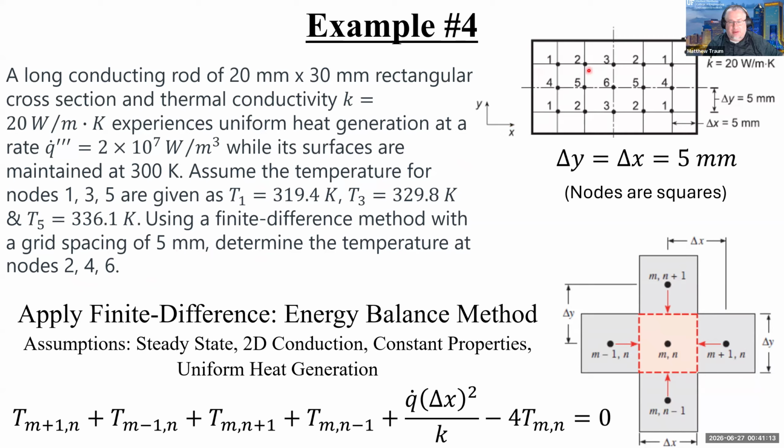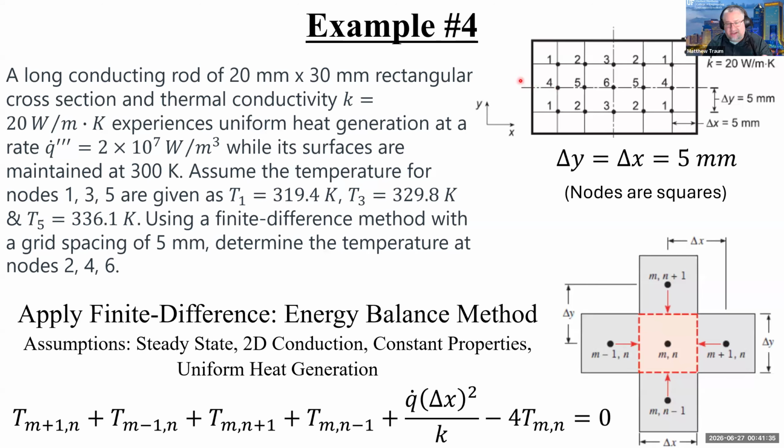And at least in two of those cases, 2 and 4, we have a node sitting right next to the edge, right? So we need to know what the temperature of the edge is so that we can incorporate that into our averaging. Okay, so we're given the temperature at all of the nodes that are marked 1.